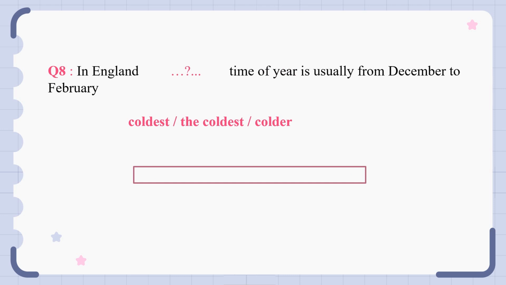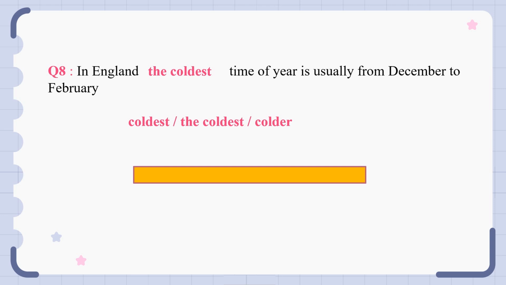Question number 8. In England, time of year is usually from December to February. Should we say coldest, or the coldest, or colder? The answer is the coldest.